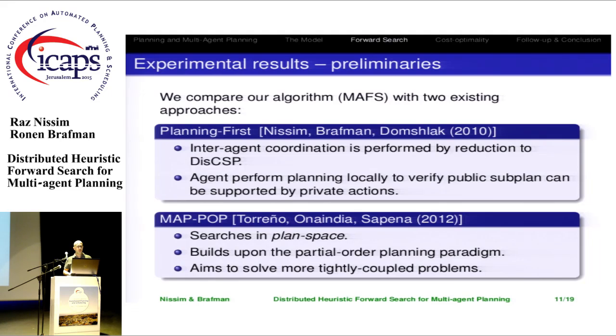And we also compared to MapPop by Ronen et al., which searches in plan space, and builds upon the partial order planning paradigm. It was created in order to solve more tightly coupled problems than planning first.